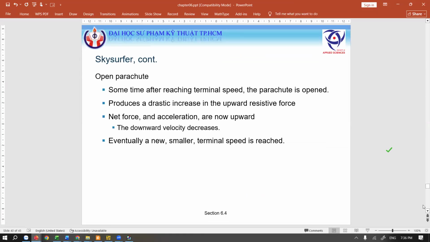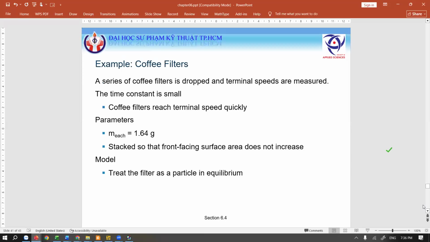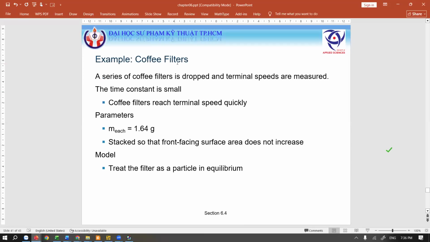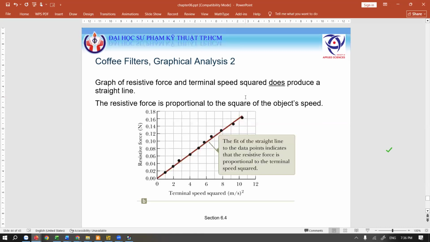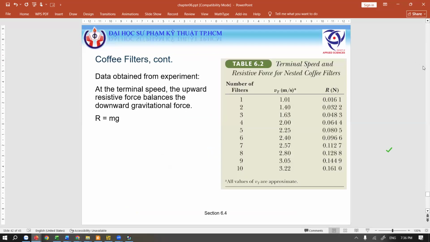Normally it has a conical shape, and it will fall down just like I let the ball fall down, and you can measure the terminal speed. With one filter, you get this terminal speed. With 2 filters, with 10 filters together, so you increase the mass of the object, you get this kind of value.